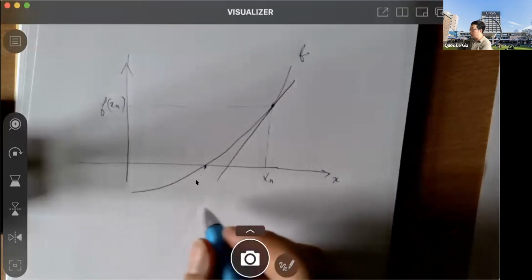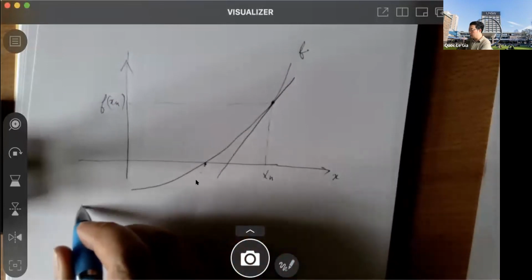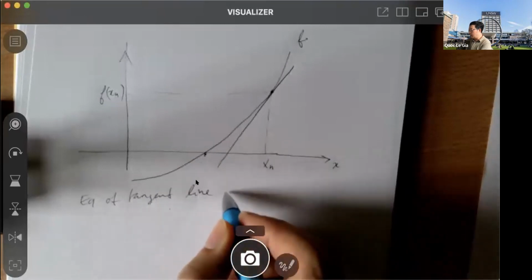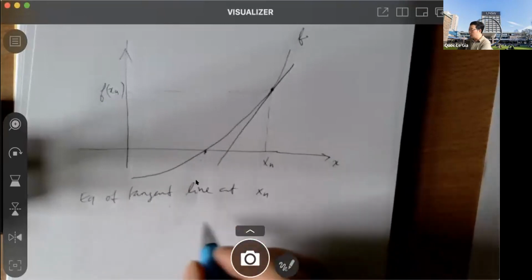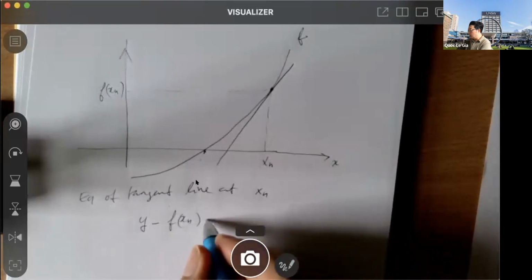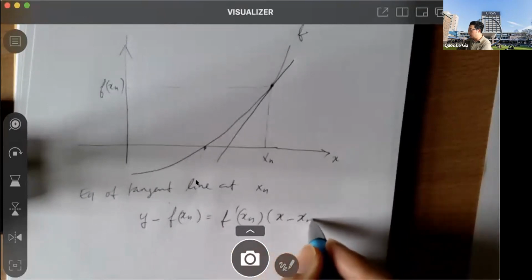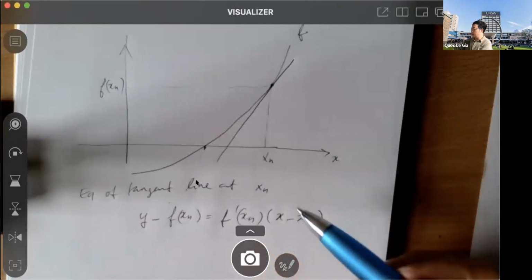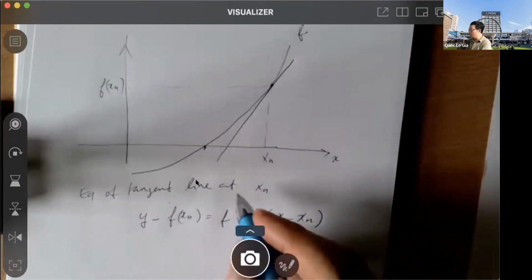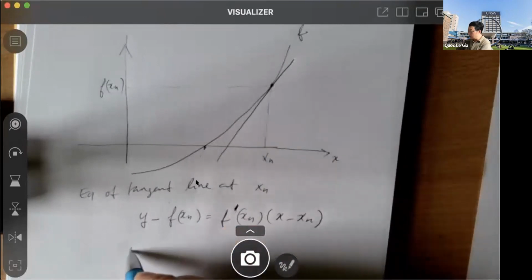The equation of the tangent line at xn will be y minus f of xn equals f prime xn times x minus xn, right? Because if you put x equal to xn, then you get y equal to f of xn. And the slope of the tangent line is just f prime at xn. So this is your equation.